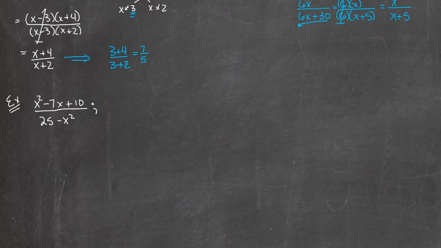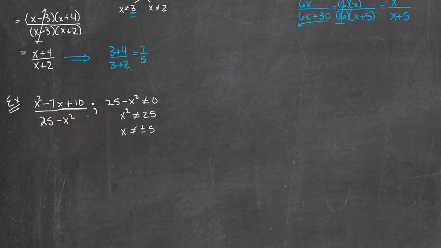First things first, 25 minus x squared is not allowed to be 0, which means I'm going to add x squared to both sides, so x squared is not allowed to equal 25, which means that x is not allowed to equal plus or minus 5. Notice this time I used the square root property instead of factoring and the zero product property. No big deal. I just know that I'm not allowed to have plus or minus 5 for my x value because that would give me a 0 in the denominator.